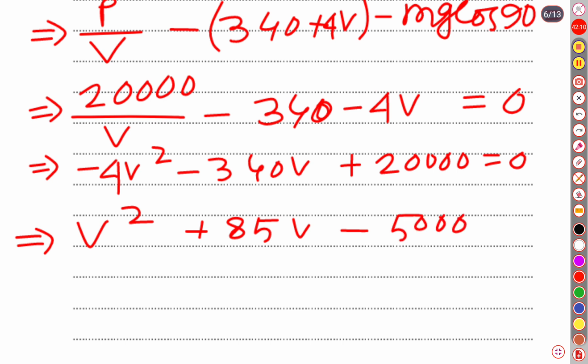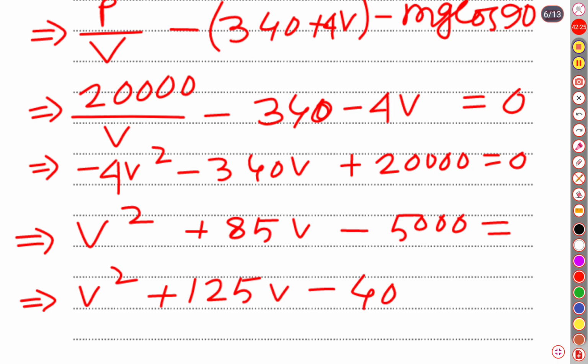Now if we break up the middle term, it is going to be v square plus 125v minus 40v minus the final constant number 5,000 is equal to 0.